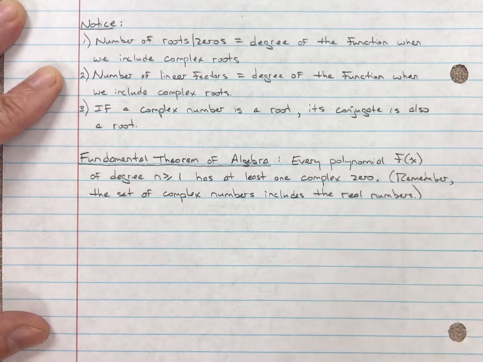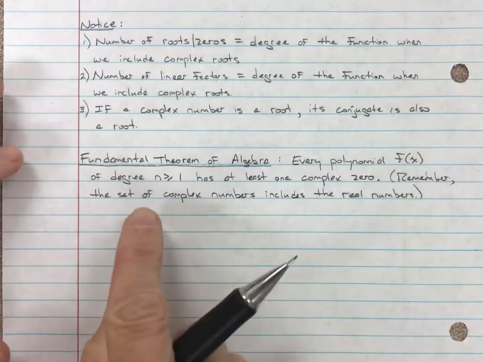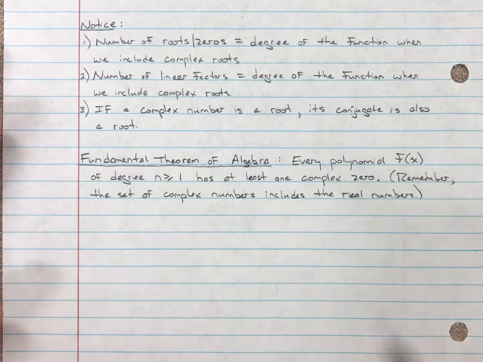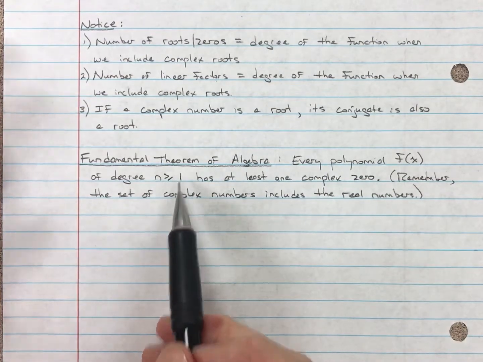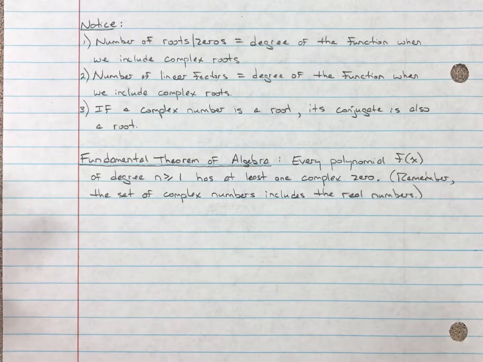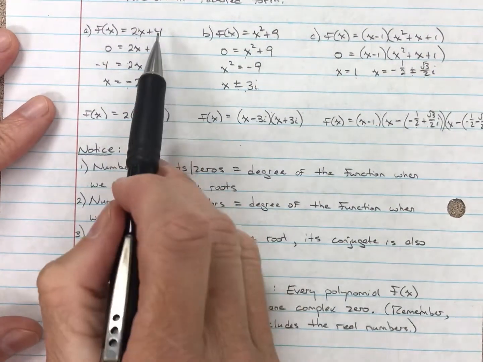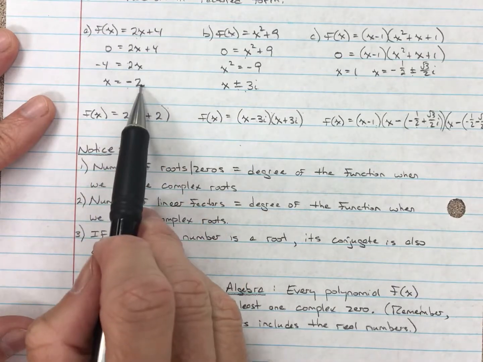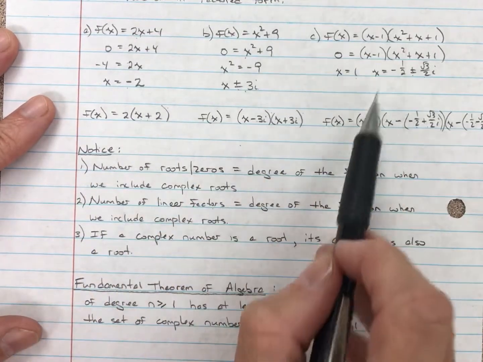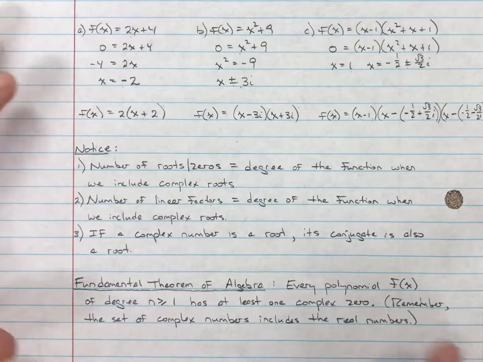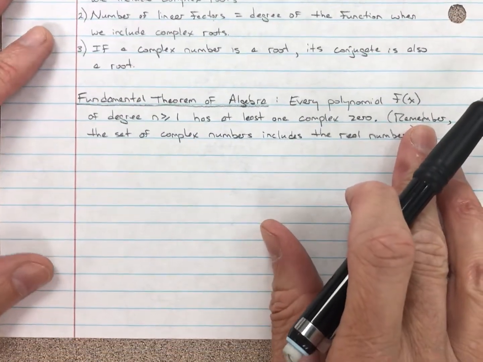All right. So that's the fundamental theorem of algebra. Every polynomial function of degree 1 or greater has at least one complex zero. Again, if we go back up here, you can see this function, linear, has one complex zero. This has 2. This has 3. Every one has at least one. That's the fundamental theorem of algebra.